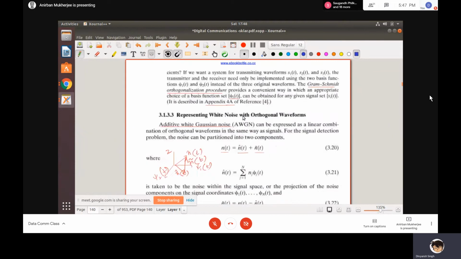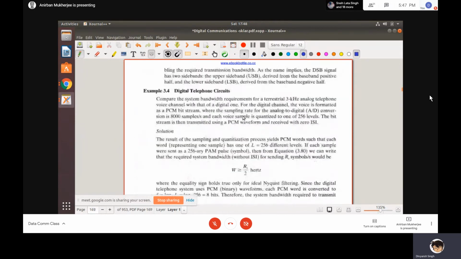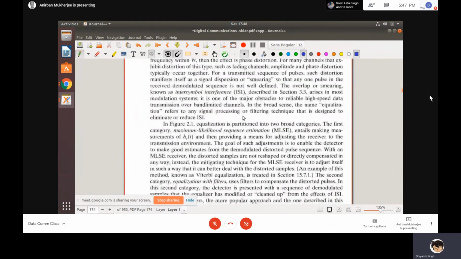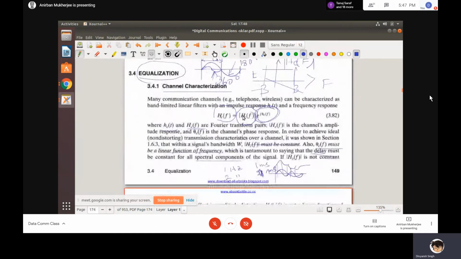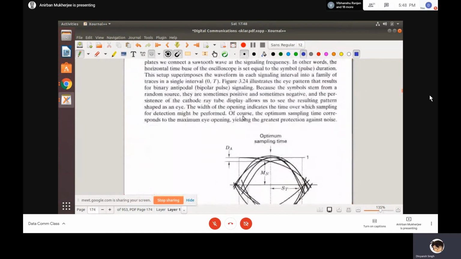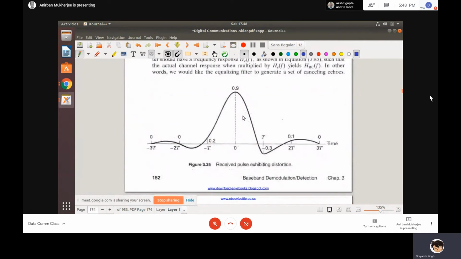Now you see, say this is the input of the equalizer.